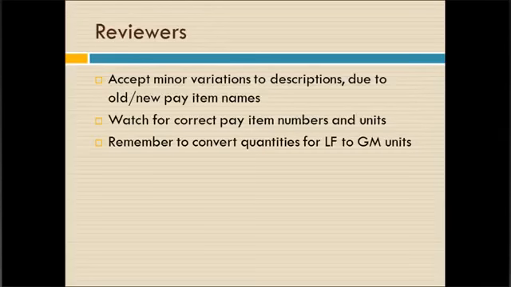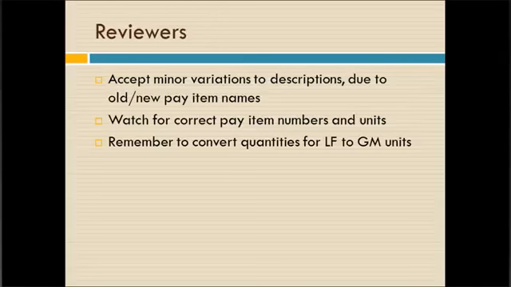We do want you to watch, though, that they're using the correct pay item numbers. Again, if they're talking thermoplastic, it's a 711 item. If you're talking tape, the permanent tape, it's a 713 item. Those are the things you want to really concentrate on. The units, make sure if they have converted from a linear foot to a gross mile on the units, obviously those quantities must change.